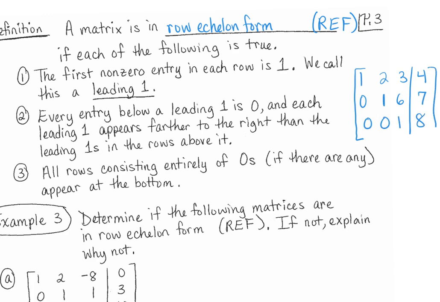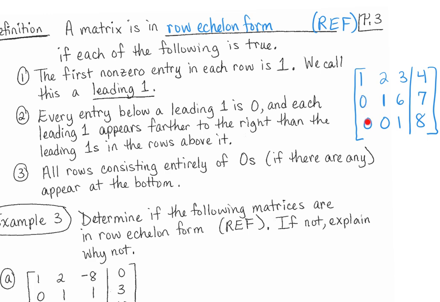Okay, so the first non-zero entry in each row is 1. So we start in row 1. This is a 1. This one is called a leading 1. It's a leading 1 for row 1. Yes? So we have that. It says every entry below a leading 1 is 0.